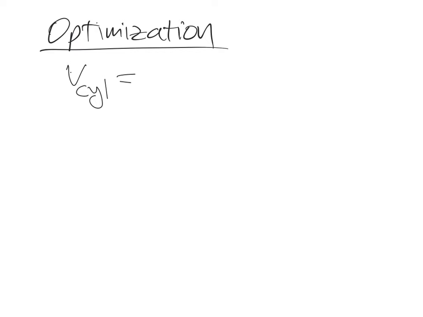But volume of a cylinder is pi r squared h. It's the circle area of the base times the height. Pi r squared is not the circumference. It's the area of a circle, and then times the height. So that one's probably the most obscure of the ones I think you should know, so make sure you know that.